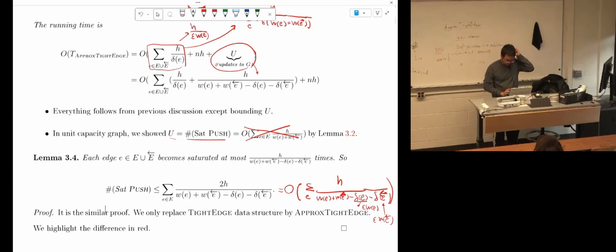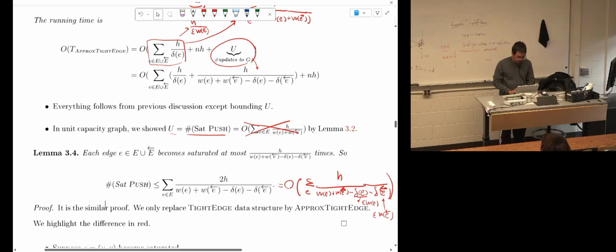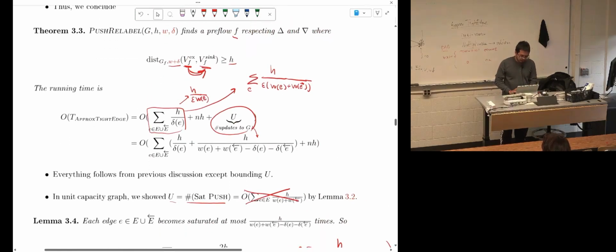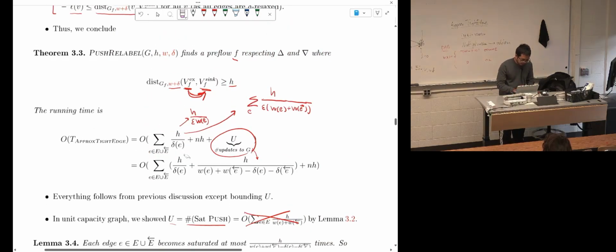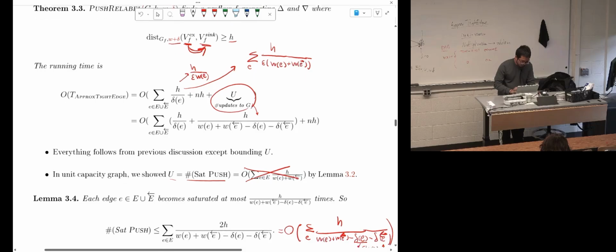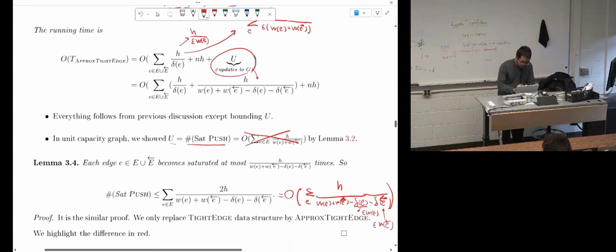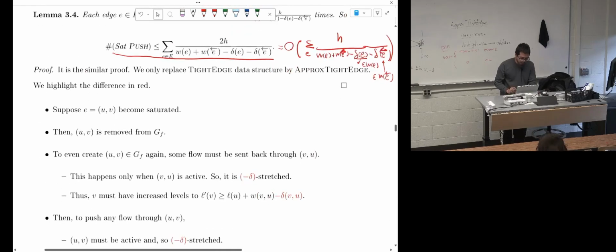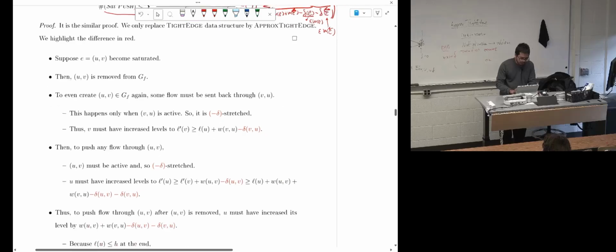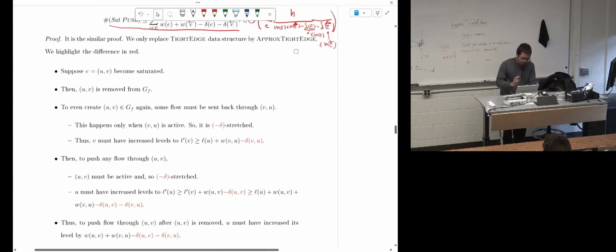But basically, how do you bound U here? It's just about bounding the saturating pushes. And why this is true is kind of the same proof, and I encourage you to go over it again.